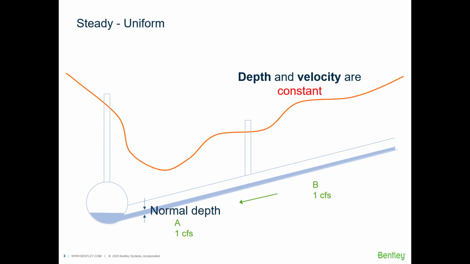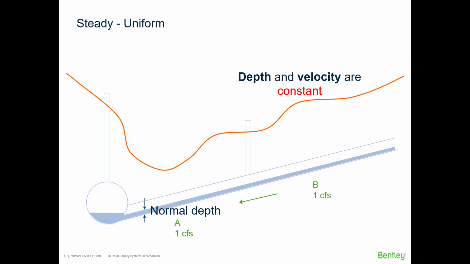In uniform flow, the depth of flow is called normal depth. And when flow is at normal depth, steady state equations are acceptable, and friction losses can be calculated using equations like Manning's or Chezy's. In this particular situation, a dynamic model is not needed unless you had changes that were rapidly occurring.